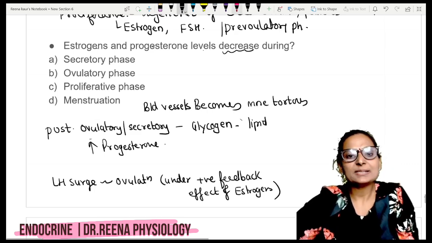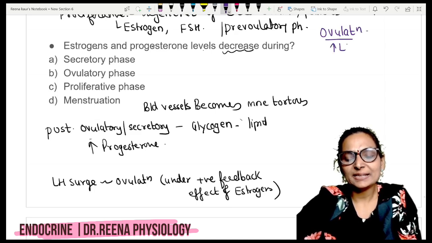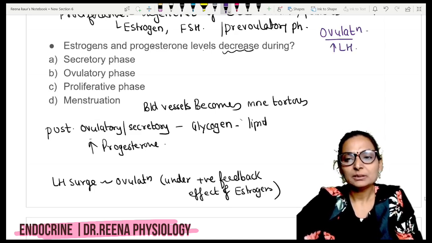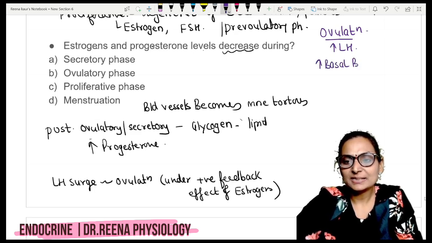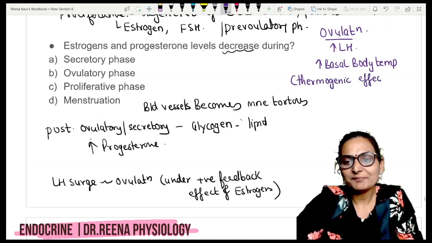Now, if you consider your ovulation, obviously there is going to be an increase in LH in the blood. There is an increase in the basal body temperature. This is called the thermogenic effect of progesterone.